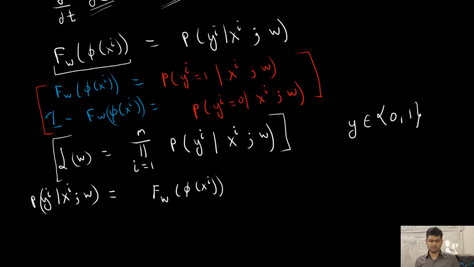since we assume that this represents the probability of yi being 1, to the power yi, times 1 minus it, to the power 1 minus yi.